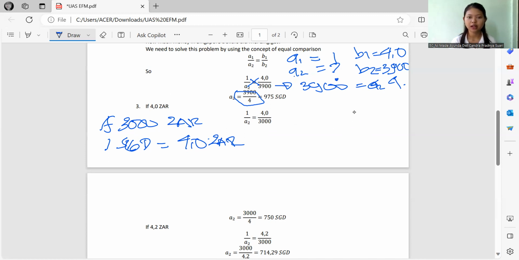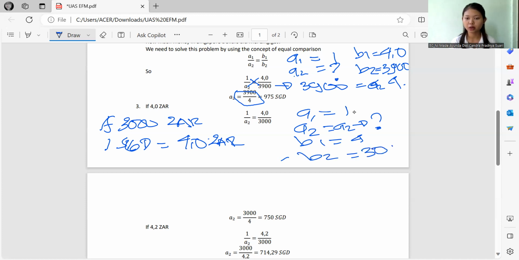This is the same step as before, as in question number 1 or 2: A1 equal to 1, A2 is the question, and B1 equal to 4 and B2 equal to 3,000.